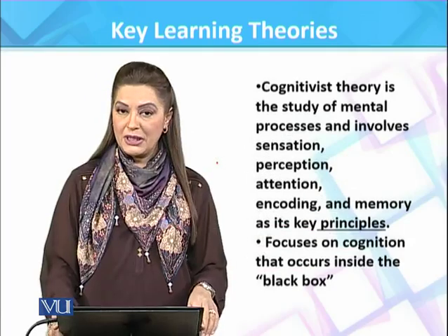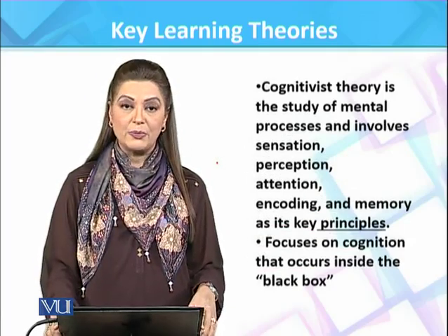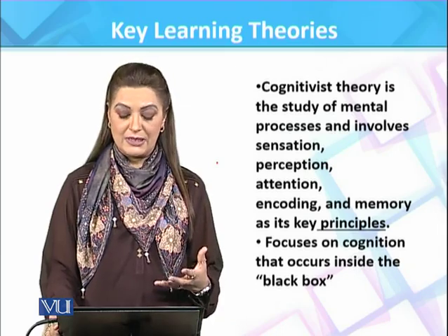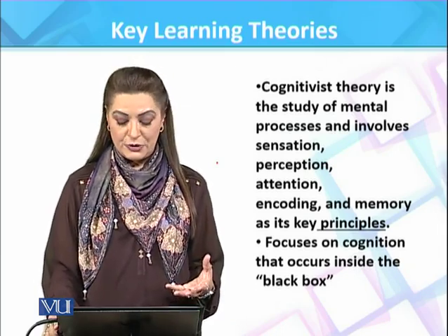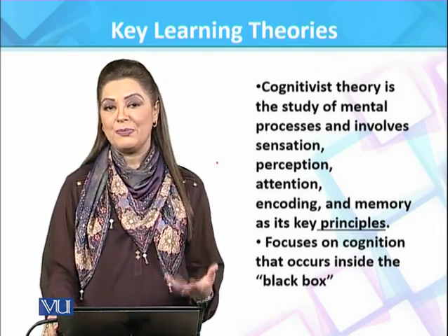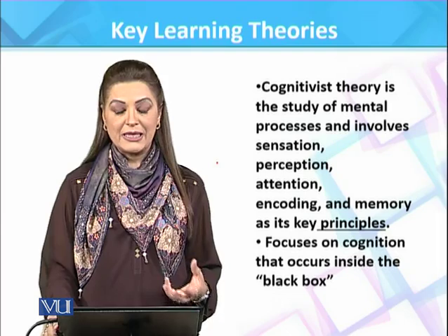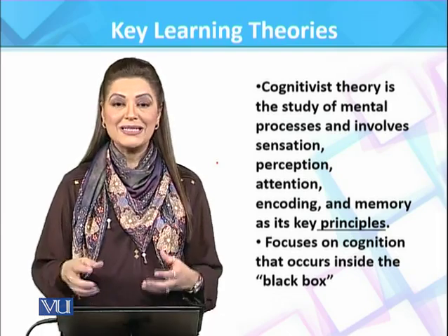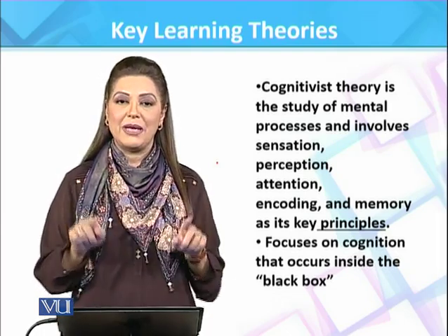Cognitivist theory is the study of mental processes, and it involves sensation, perception, attention, encoding, and memory as its key principles. Basically, it focuses on what occurs inside that black box.